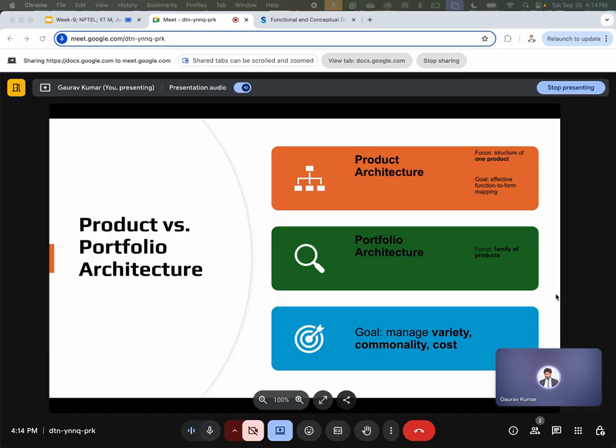Together, both perspectives provide a comprehensive framework: product architecture drives the technical execution, while portfolio architecture shapes a business strategy, enabling companies to balance innovation, variety and efficiency.